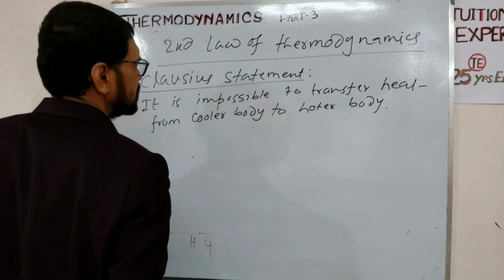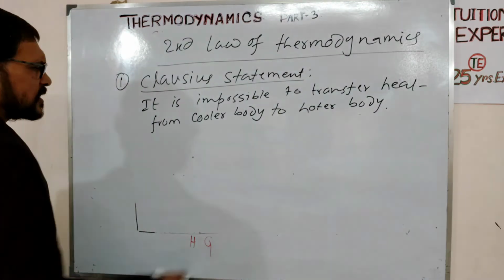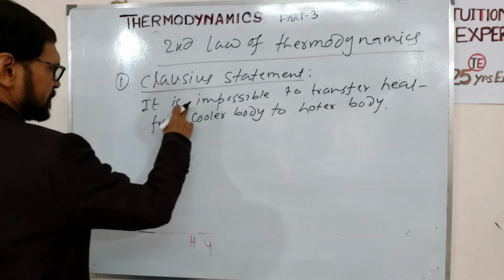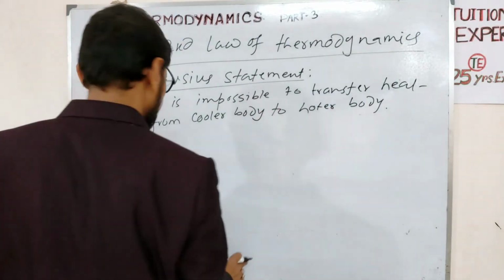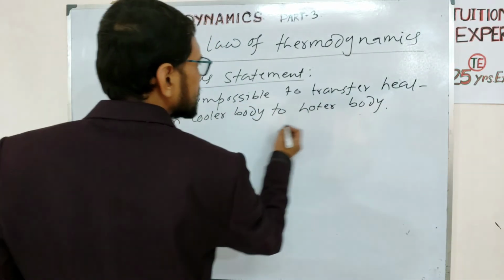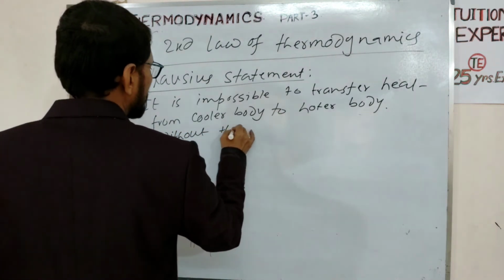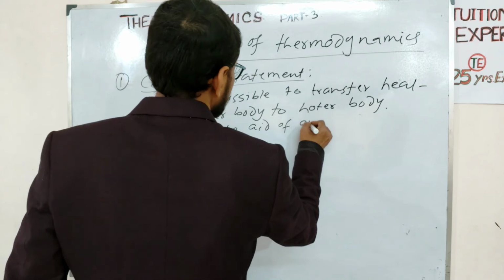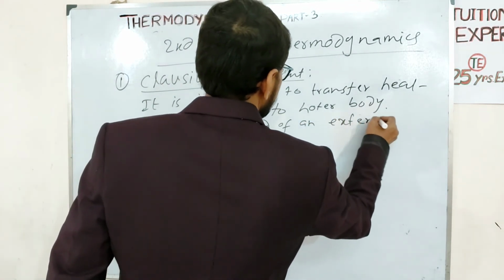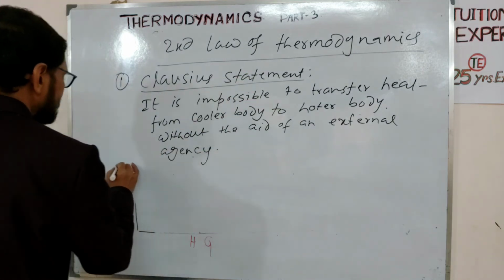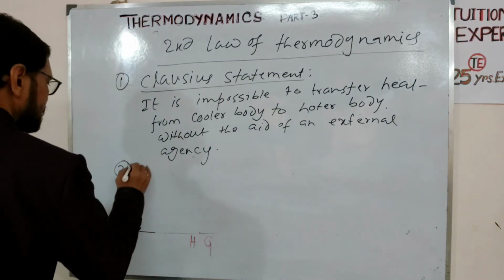This is natural. Heat always flows spontaneously from hot body to cold body, so it is impossible to transfer heat from a cooler body to a hotter body without the aid of an external agency. This is the Clausius statement.